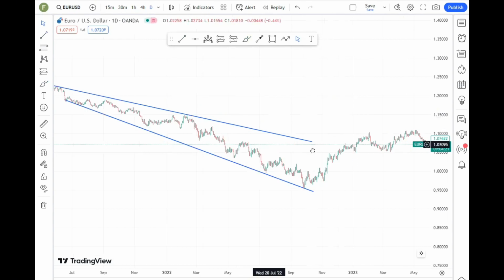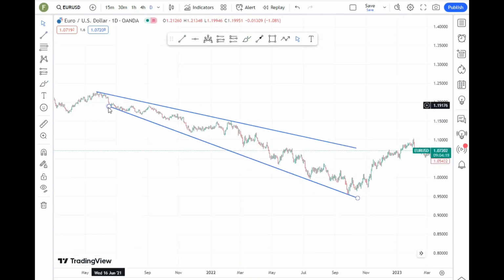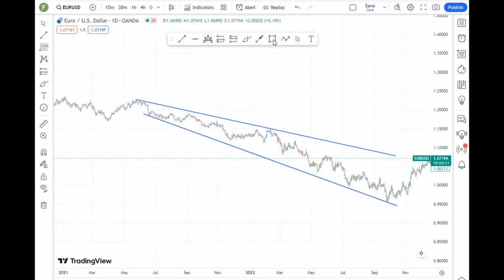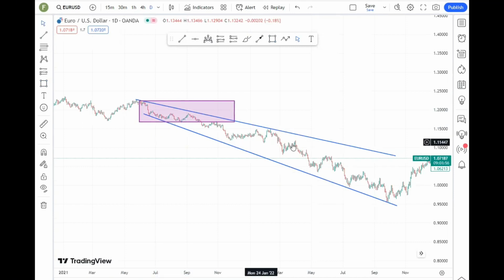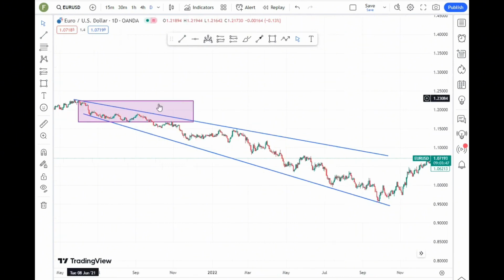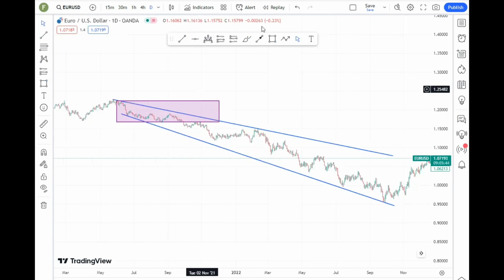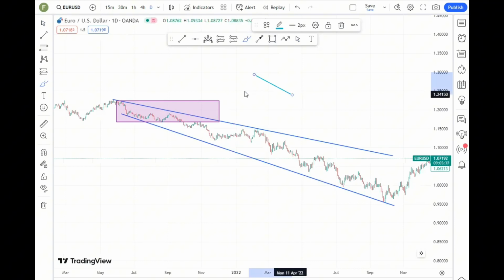Jumping into Euro USD, let's look at the previous market structure. We always have to look at the previous market structure before jumping into the current market structure. We have to see how the market has been ranging previously, so we can know the next move that the market will make before we take our trades, whether in a few days, a few weeks, or even a few months.